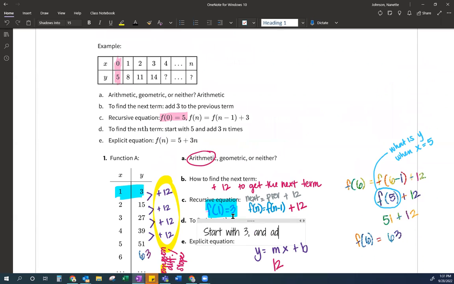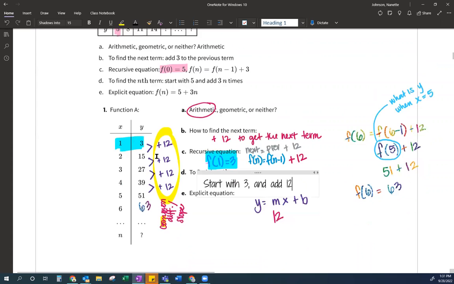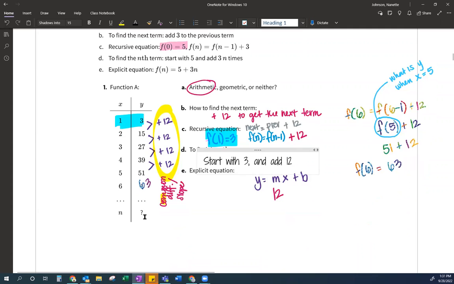So I'm going to start with 3 and add 12. Do you see how I'm going to add 12 to it? Now, if I go to n, how many times am I going to do that? So here to get 2, I added 12 once. To get to 3, I had to add 12 2 times. 1, 2.